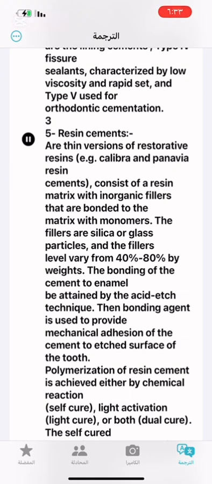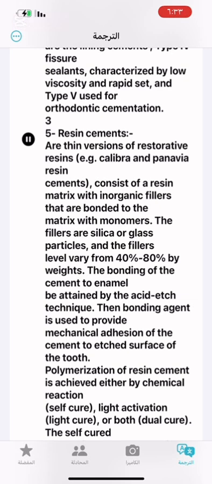Glass ionomer cement releases fluoride, so it has an anticariogenic effect, bacteriostatic or bactericidal. Thus the cement can be used in patients with a high caries index.